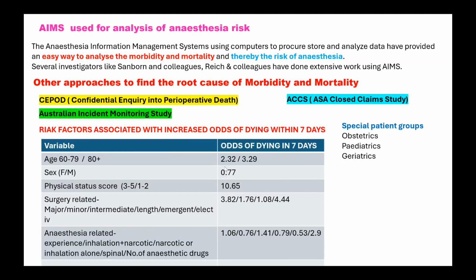And so by making proper use of AIMS, we can also assess the possibility of morbidity or mortality, and then try to improve the standard of anesthesia and reduce all the post-op or intra-op complications by proper pre-op selection and optimization of the patient.